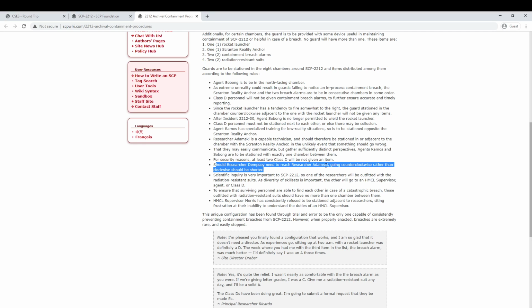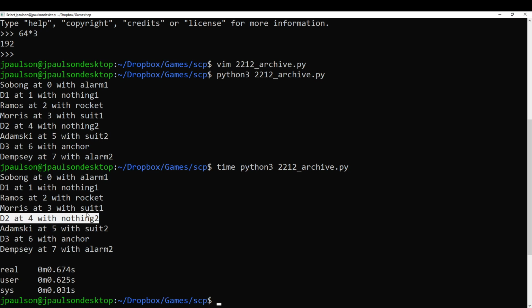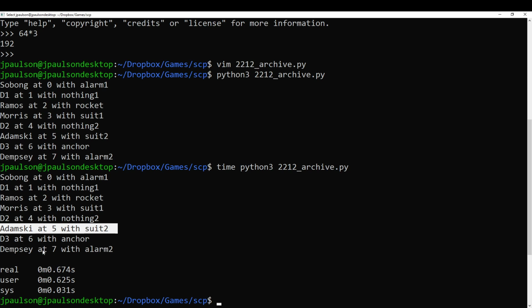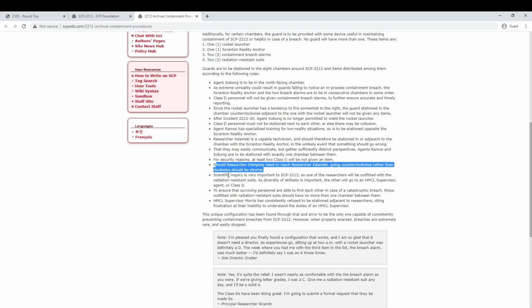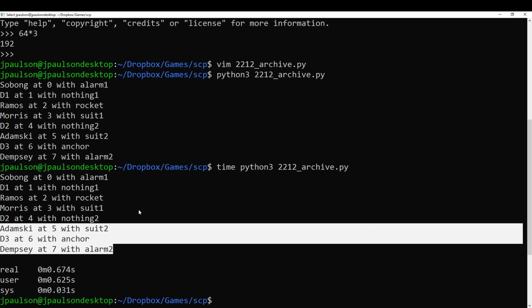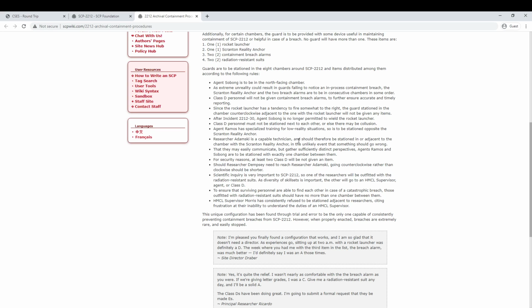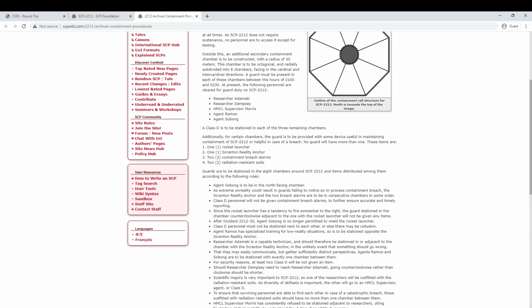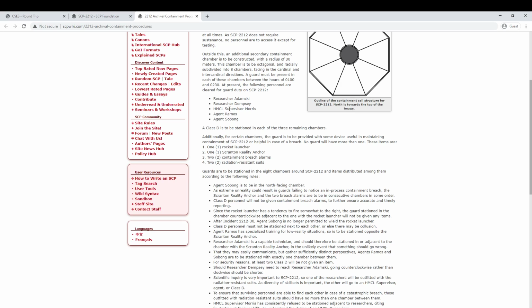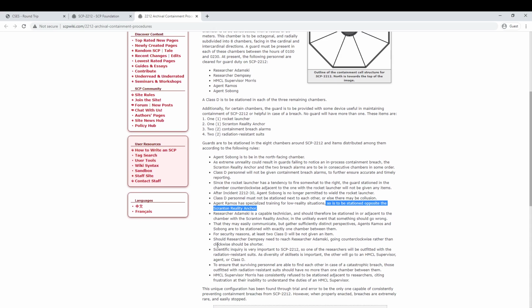Dempsey wants to go to Adamski. He should go counterclockwise, should be shorter. So he's at 7, and counterclockwise is 2 away, and clockwise would be 1, 2, 3, 4, 5, 6 away. So, yep, that's right. One of the researchers should have a suit, and then one of the non-researchers should have a suit. So Adamski, who is a researcher, has a suit, and Morris, who is a supervisor, also has a suit.